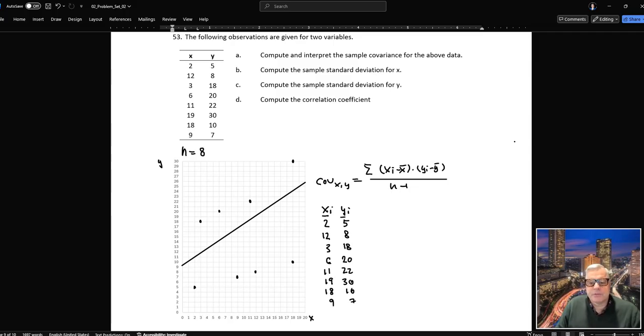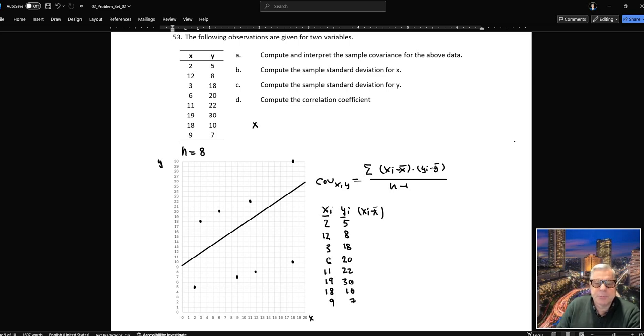Okay, so in the first step what we need to do is calculate xi minus x bar. And so we need to calculate the mean for x.